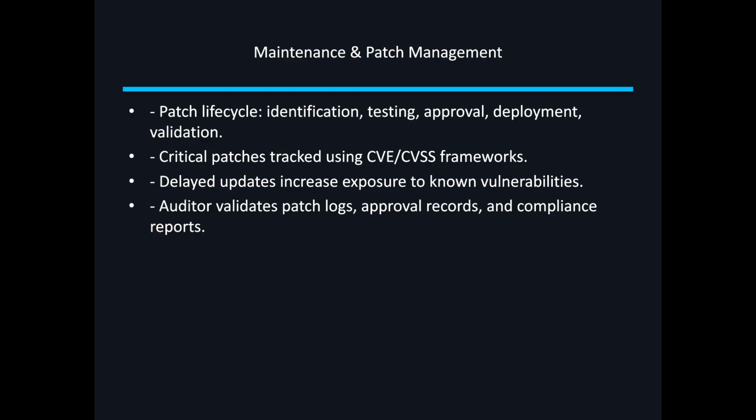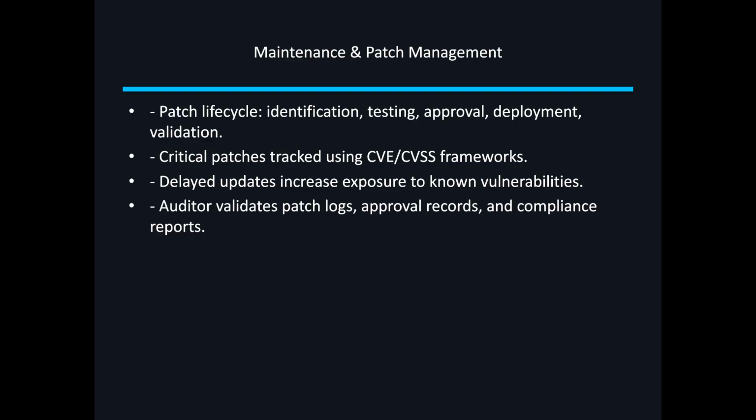sustaining system integrity. So, maintenance and patch management are preventive operational controls that safeguard systems against degradation and known vulnerabilities. They ensure systems are not only functional but also secure and compliant with the emerging risk landscape.